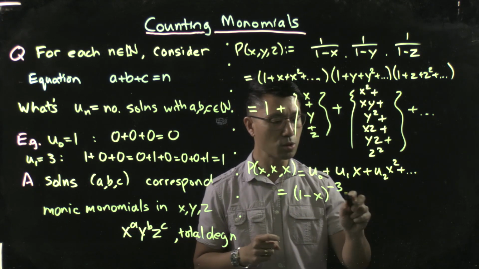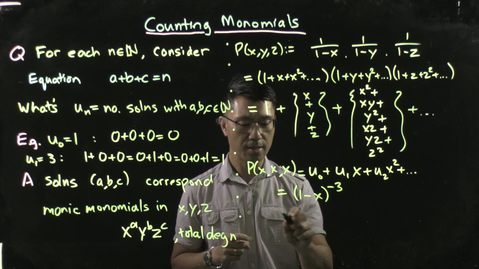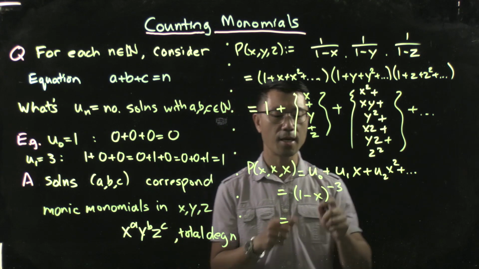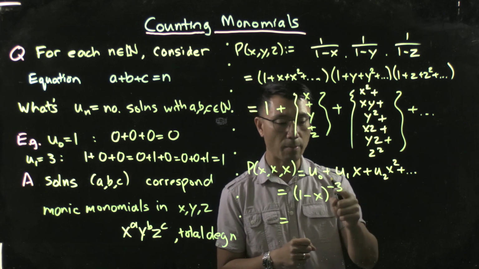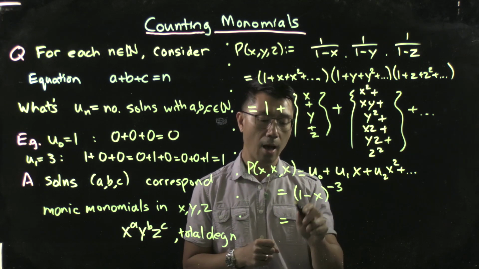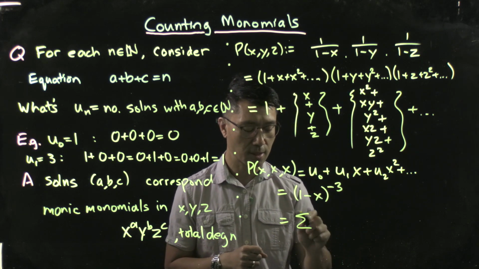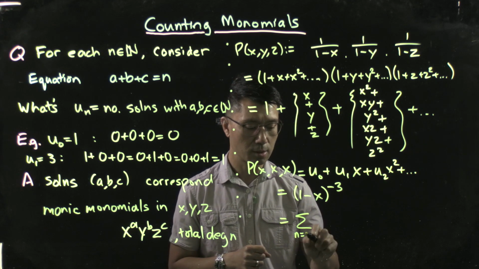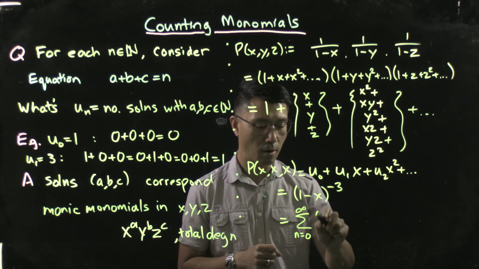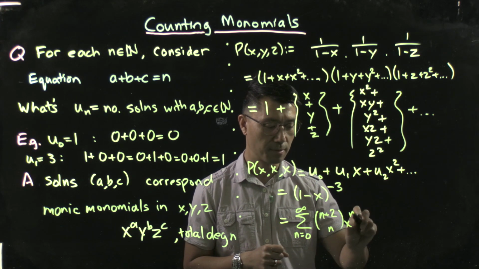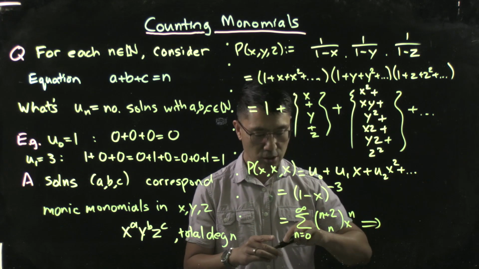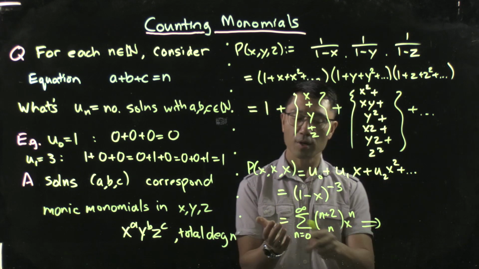So in this case, what you will find is that this is equal to, what do you do here? You use the binomial formula. So the binomial coefficients that will come up are minus 3 choose n, but the better way to write this, of course, is the sum from n equals 0 to infinity of n plus 2 choose n of x to the n. So that's what the binomial series tells you.